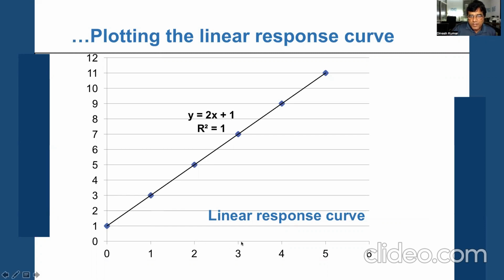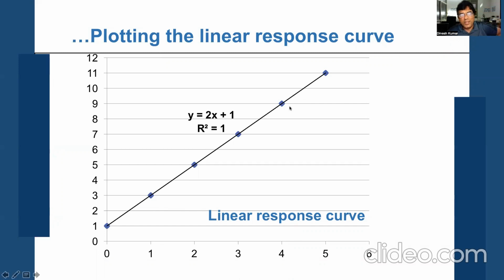Suppose you take any point, 3, you go straight, you find 7, and minus 1, so you get 6. 6 divided by 3, you get 2. So the regression coefficient is 2. The change is always 2.